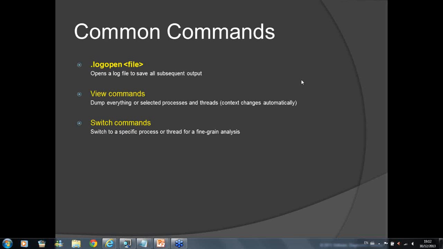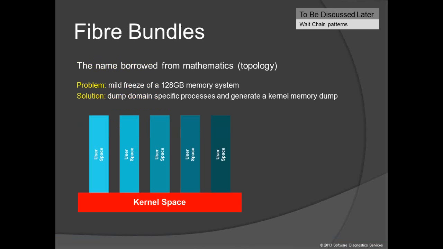Later, Windows 8.1, for example, allows you to preserve a page file as well for offline analysis. However, if you dump a fiber bundle, then of course it could be possible that the total sum of memory is greater than physical memory because of page file contents brought in when we dump individual processes. So did I answer your question?